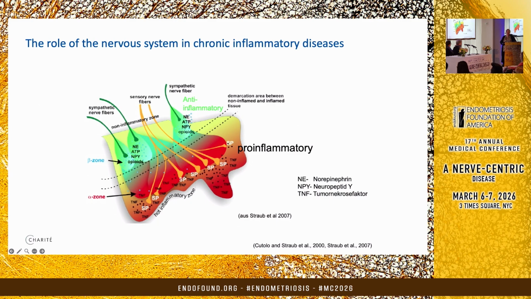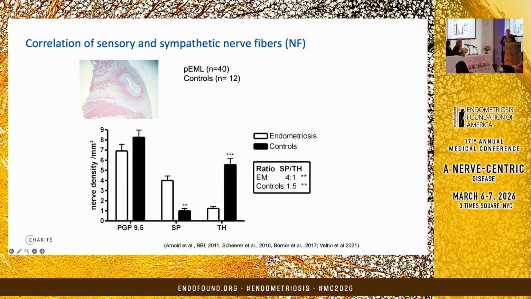And they postulated that this shift, this inverse correlation of the sensory nerve fibers and the loss of the sympathetic nerve fibers, is one of the main pathways in inflammation and pain generation in rheumatoid arthritis. So that was the reason that we started also to look in more detail.